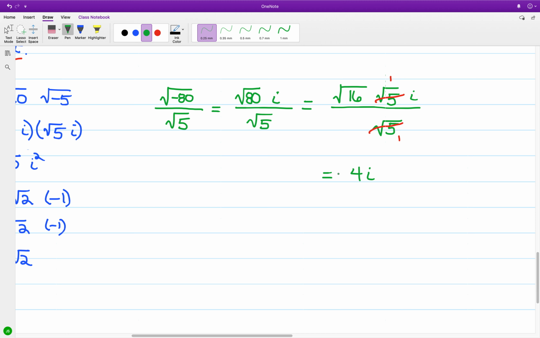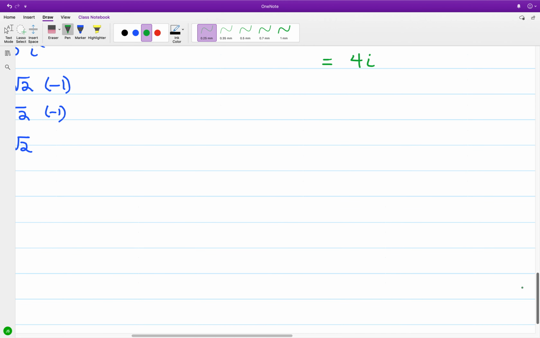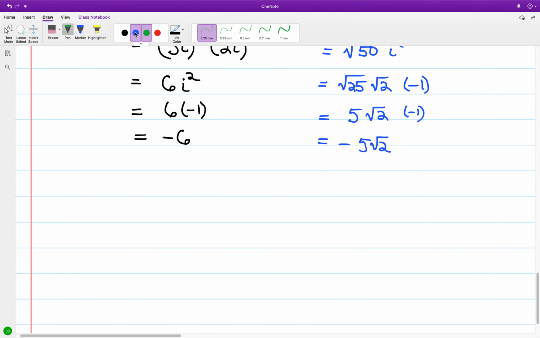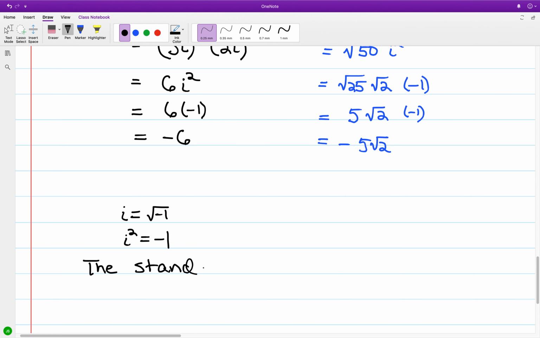Okay, and now just laying the foundation regarding complex numbers. Once again, we have i is equal to the square root of -1. i squared is equal to -1. Now the standard form of a complex number is going to be a plus bi.